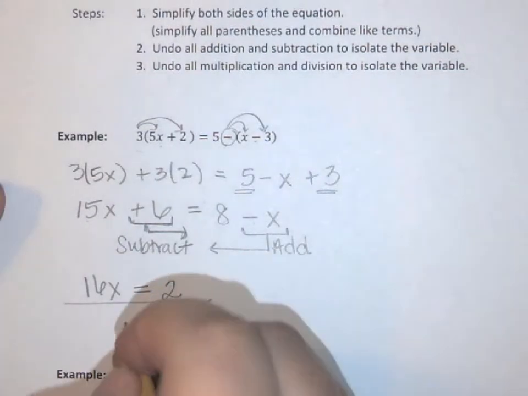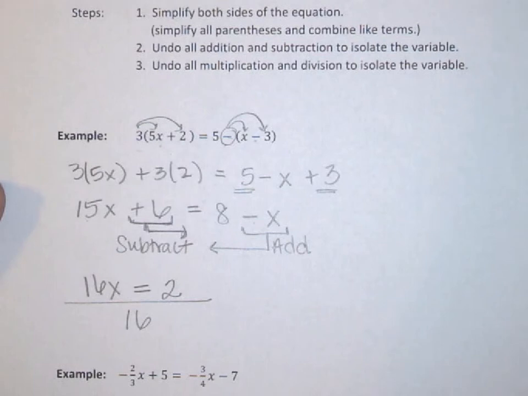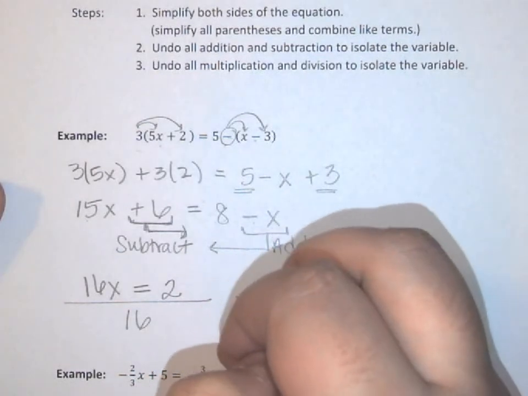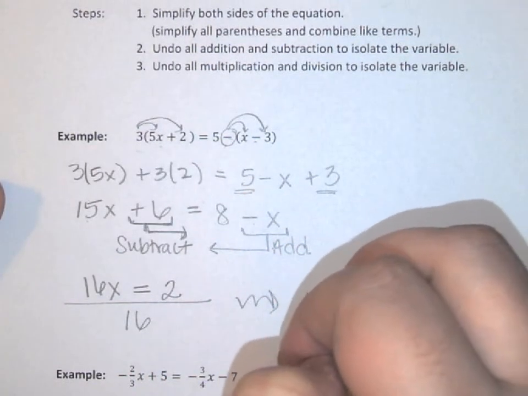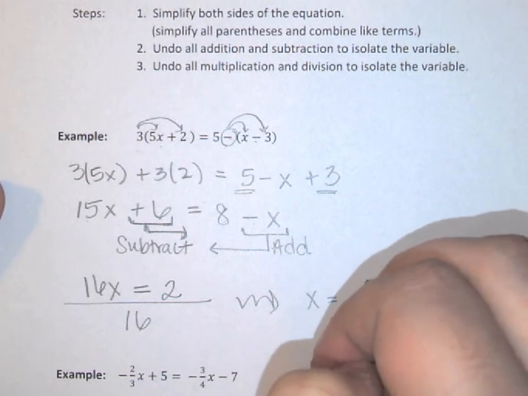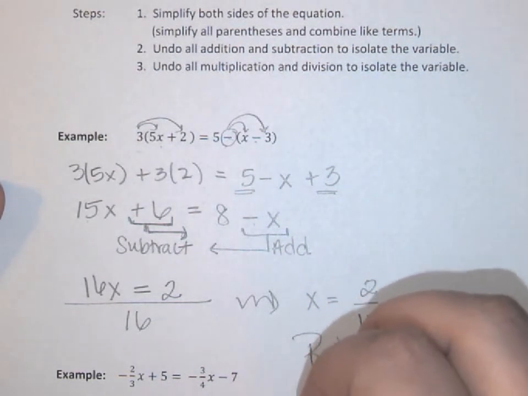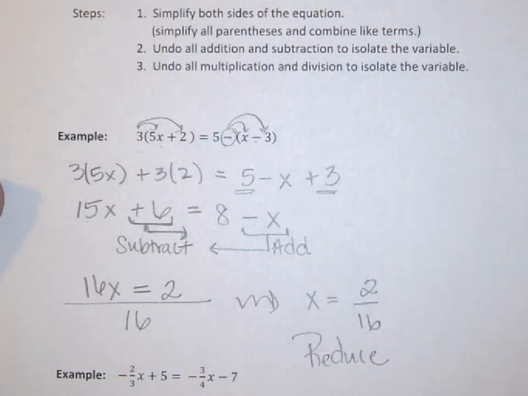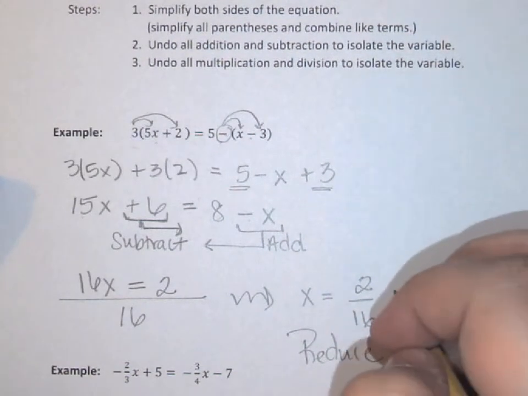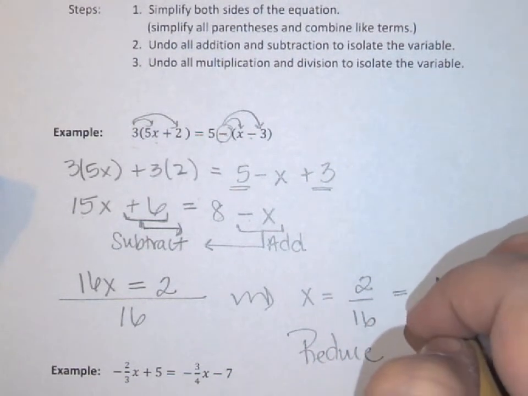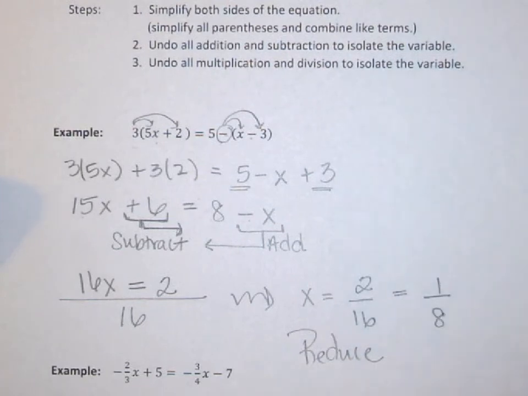So I'm going to divide the whole thing by 16, which gives me that x is equal to 2 over 16. Furthermore, we need to reduce. Therefore, that 2 over 16 is going to simplify down to 1 over 8.